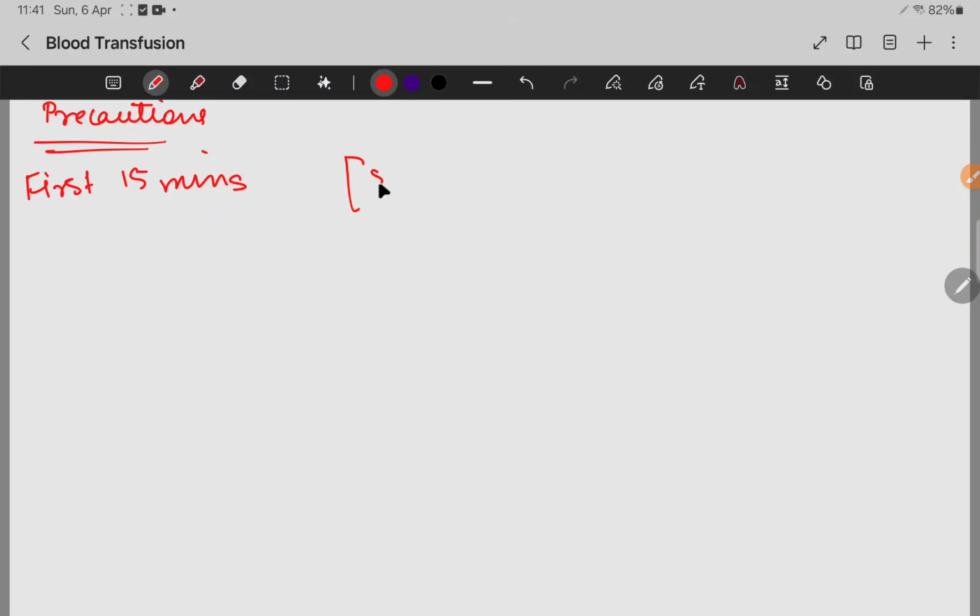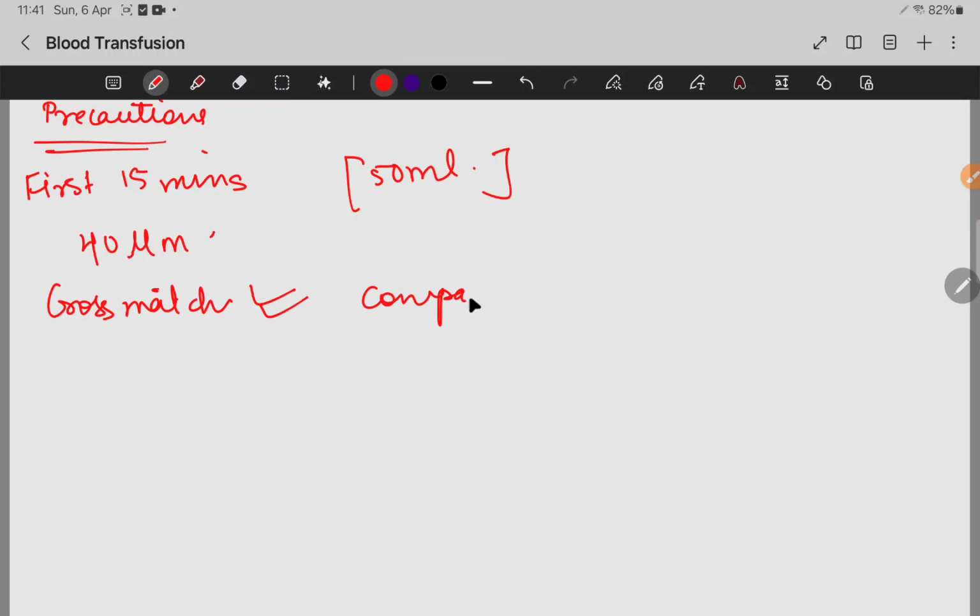Okay, limit it to 50 ml, except when you are treating massive trauma patients. Okay, you have to use the filter size of 40 micrometer. You have to ensure that cross match has been done and that the blood is compatible with the patient.